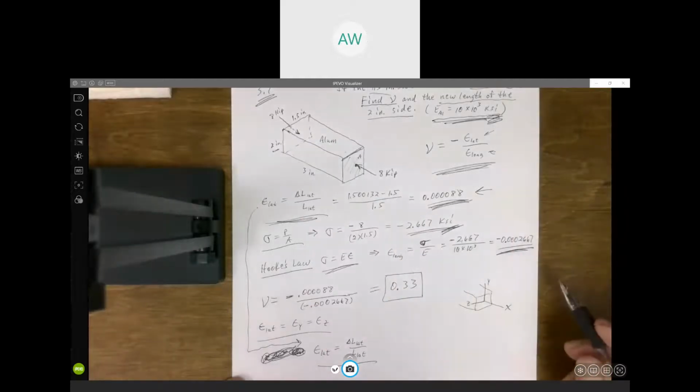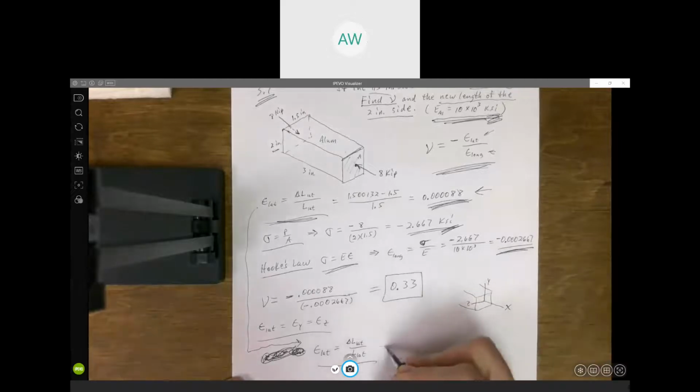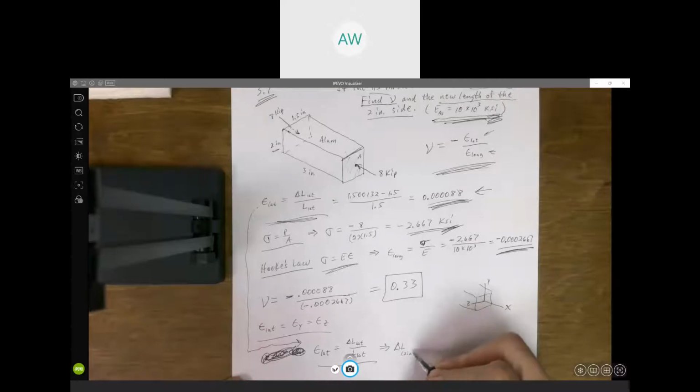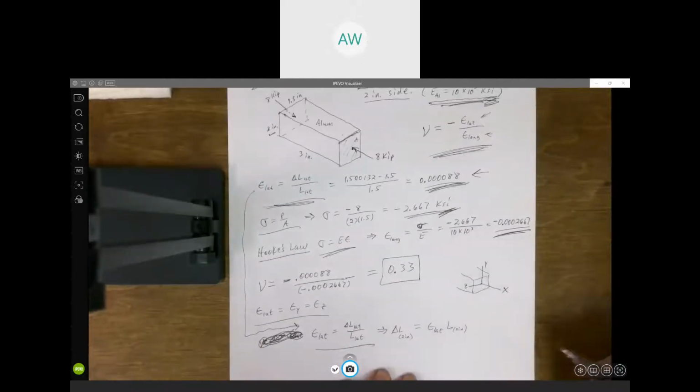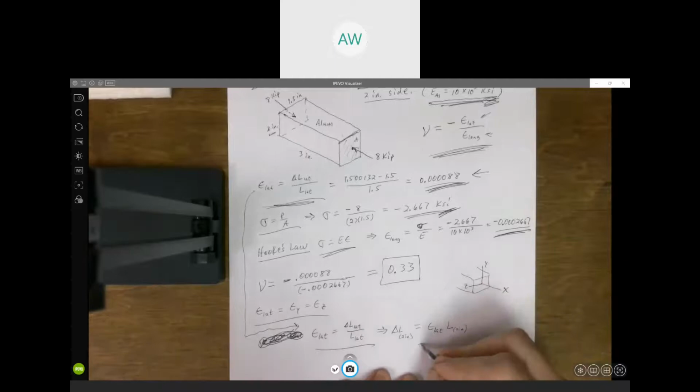I can calculate the change in length. So if I want the change in length of the 2-inch side, all I got to do is take the lateral strain and multiply it times the original length of that 2-inch side. So we know the lateral strain was 0.0004088.